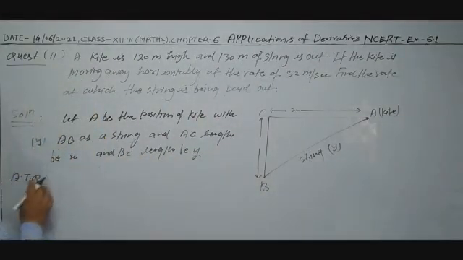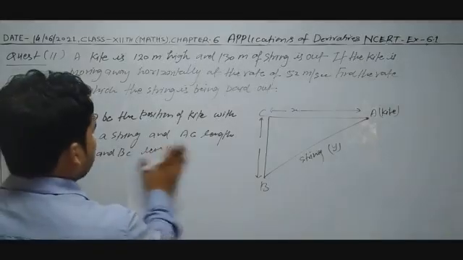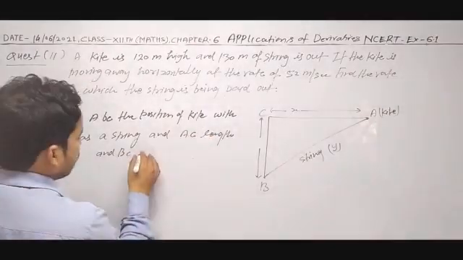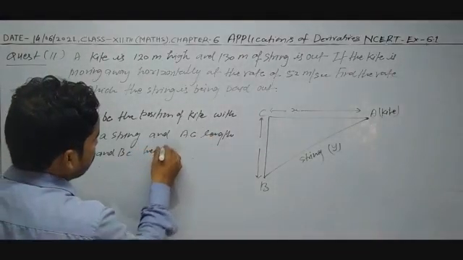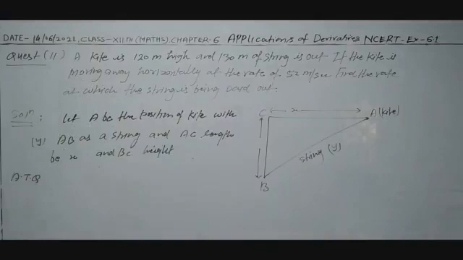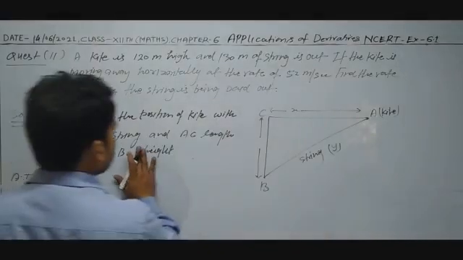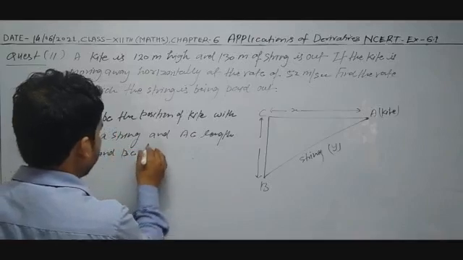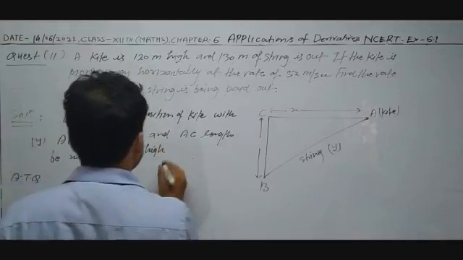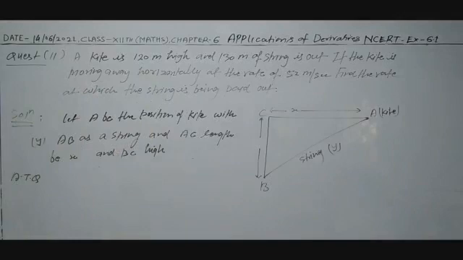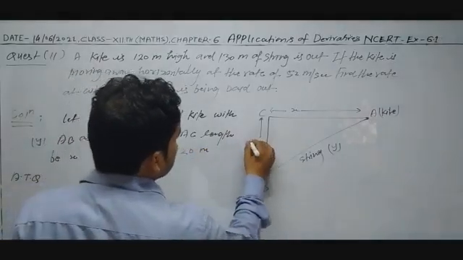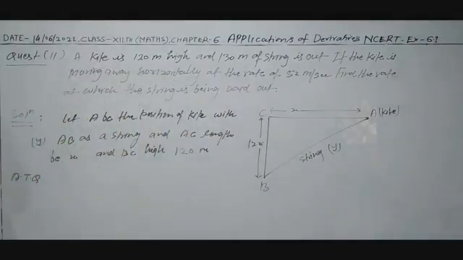Suppose this is y and this is the height, BC is the height, this is 120 meter, BC height is 120 meter, this is given.